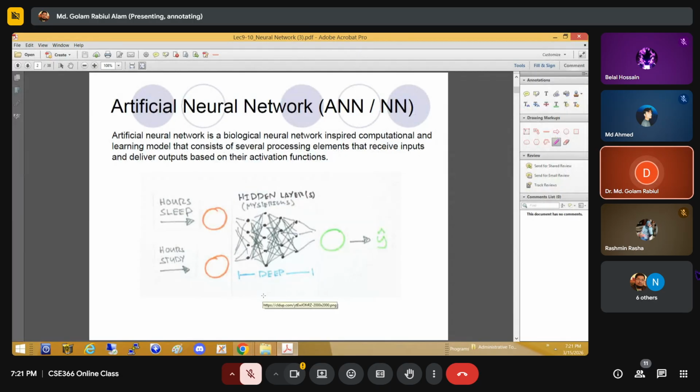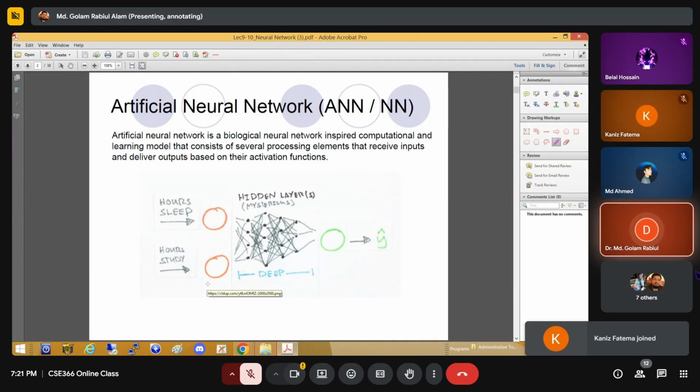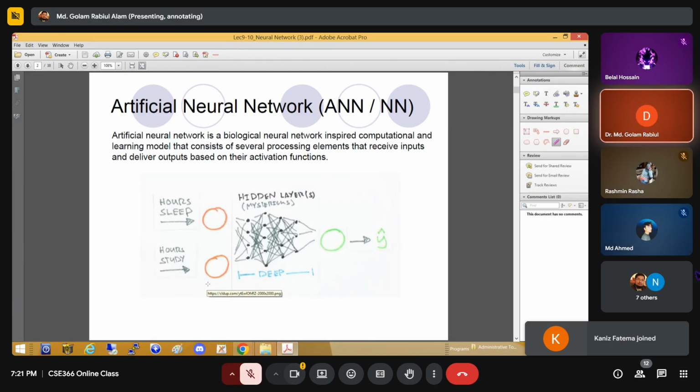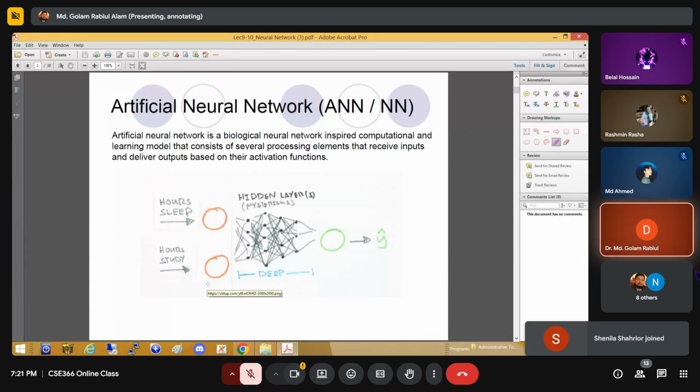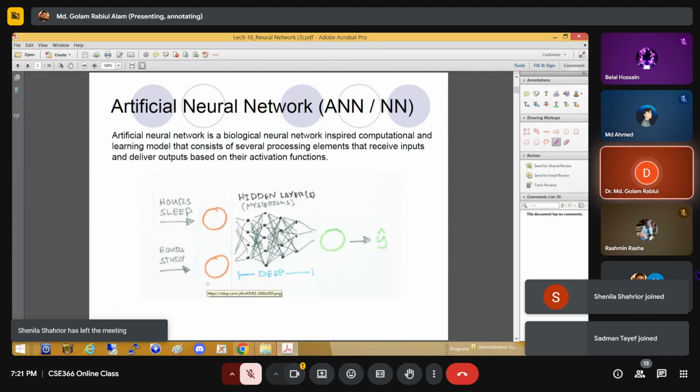In our last lecture, we started discussion on artificial neural networks. In that class, we discussed the basics of artificial neural networks, and then, if we have a data set, how to formulate an artificial neural network from it.